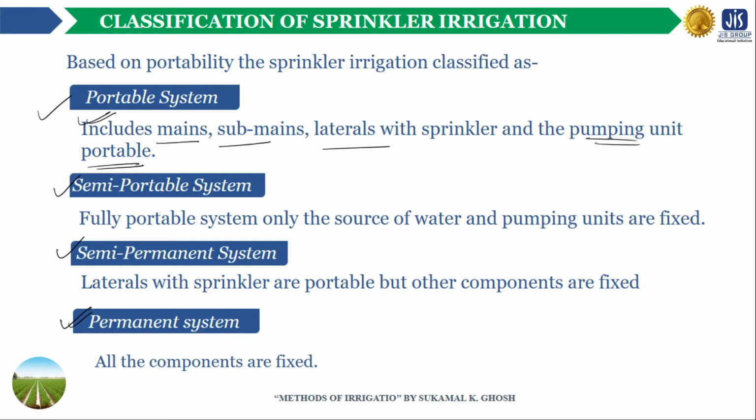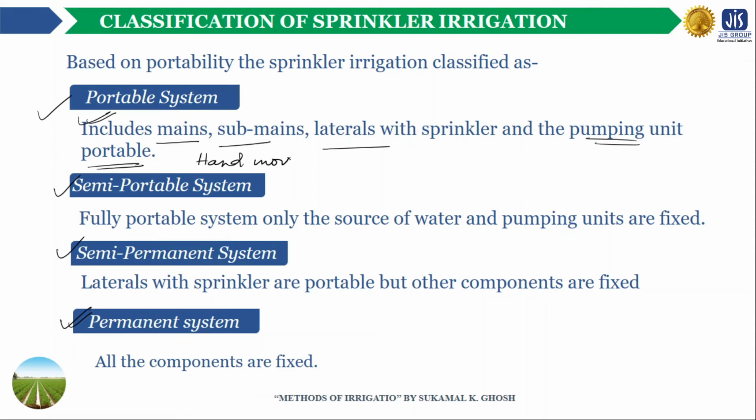It is designed to be moved from one agricultural field to another, or to different pump sites in the same field. The portable system may be designed to be moved manually or by mechanical power. The system operated manually is known as hand move system.